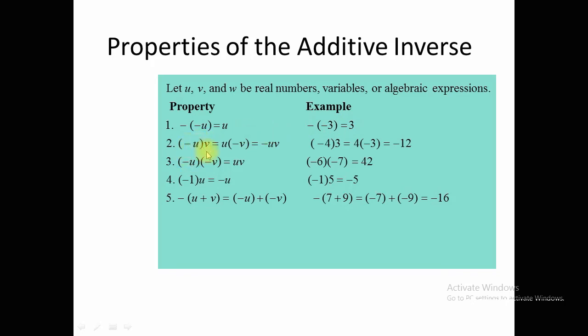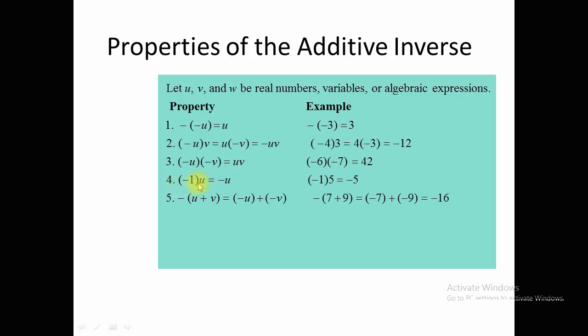Now minus u times v, we can write as u times minus v, which is equal to minus uv. For example, minus 4 times 3 can be written as 4 times minus 3, which is equal to minus 12. And minus u times minus v is equal to uv. Suppose minus 6 times minus 7 is equal to plus 42.